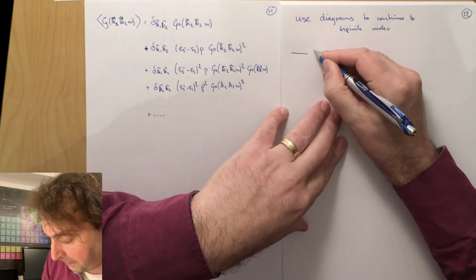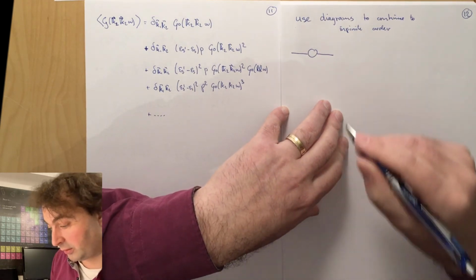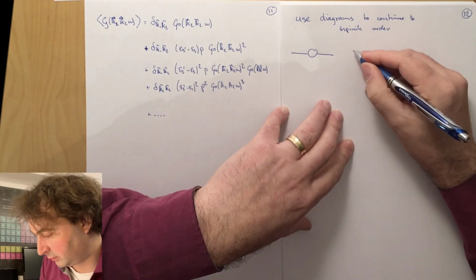So one of the things that can happen is that you propagate with a certain crystal momentum and you scatter from an impurity.